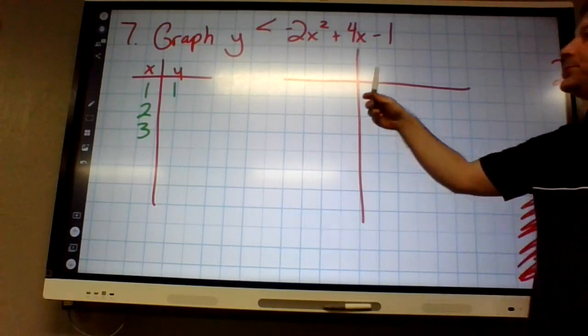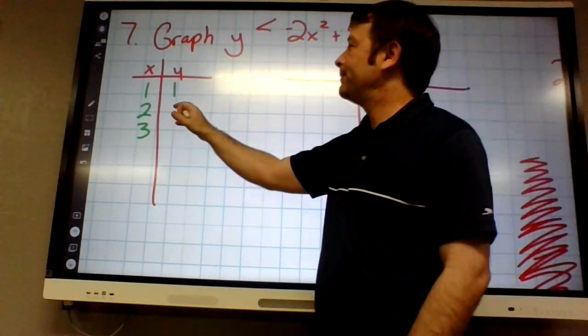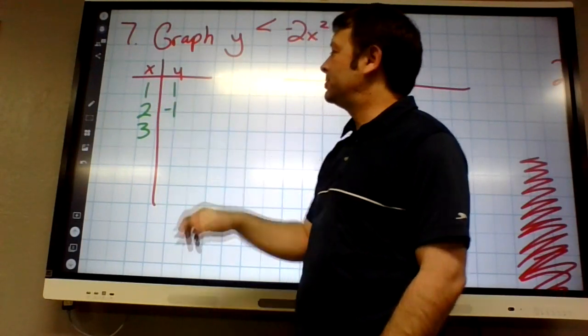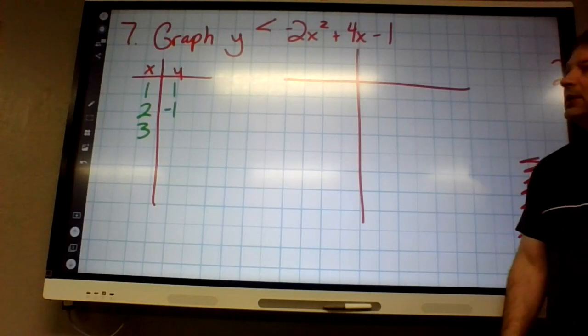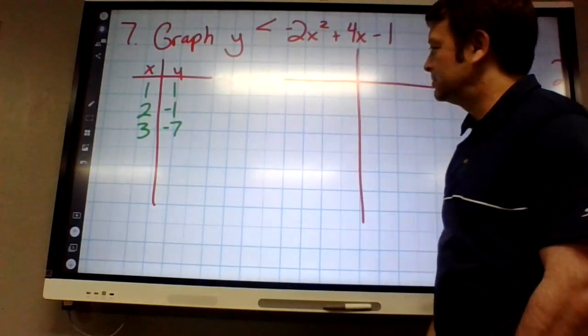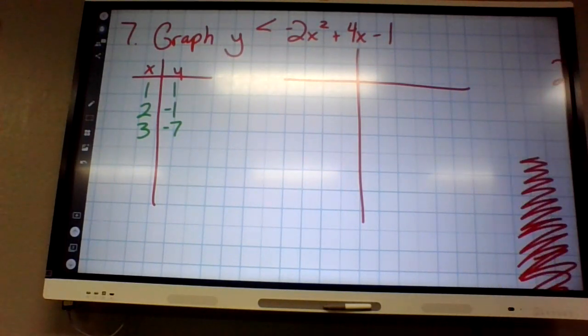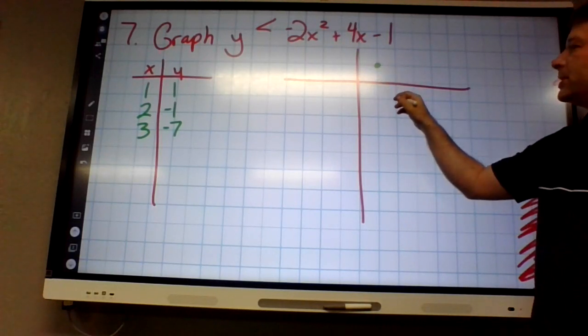Okay, if I plug in 2, it should get a negative 1. And if I plug in 3, so 1, 1, 2, negative 1.